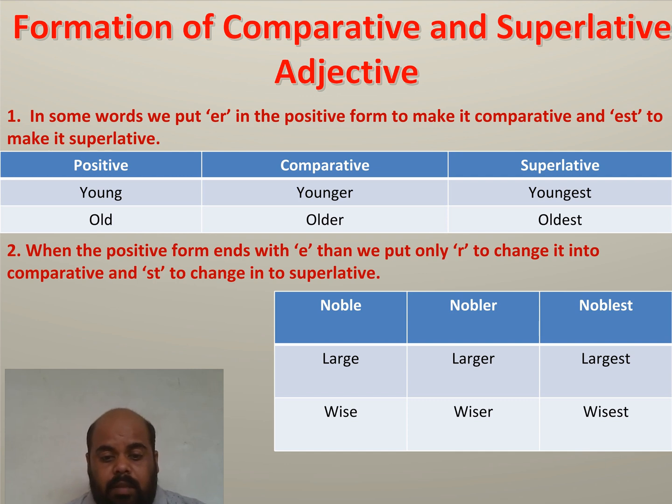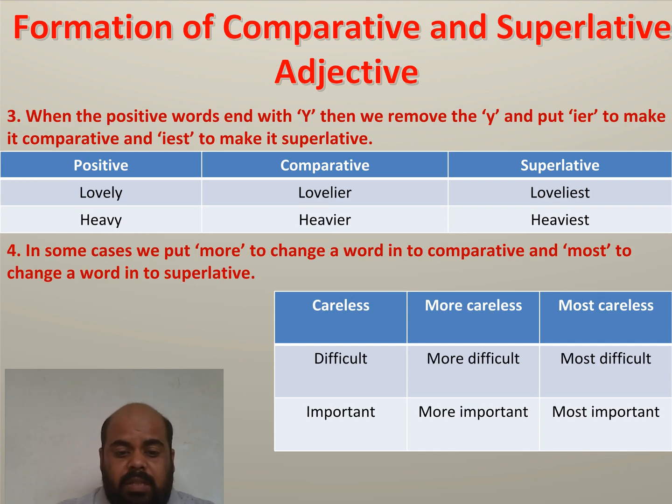Noble, and we put an r on it, so it becomes nobler, and when we put st, it becomes noblest. Large, larger, largest; wise, wiser, wisest. So these are the two examples. There are two more.